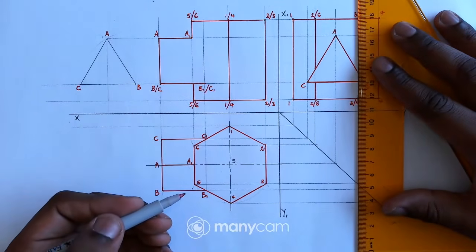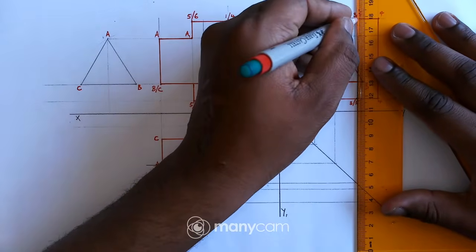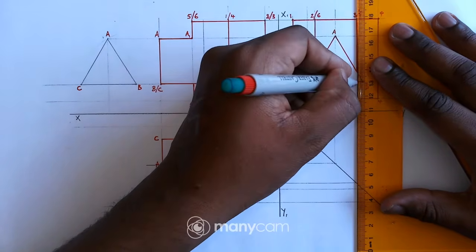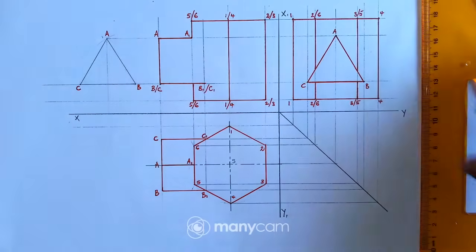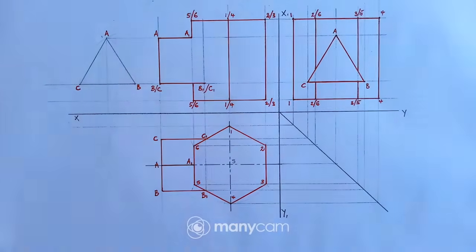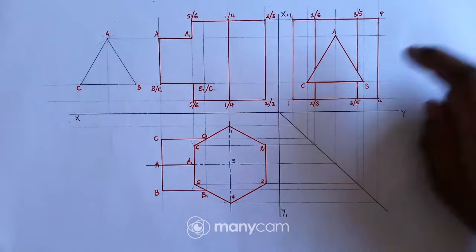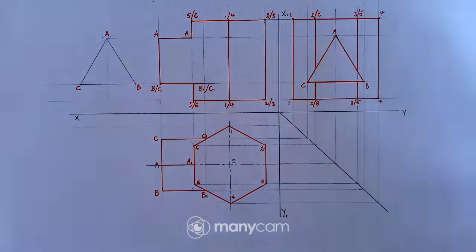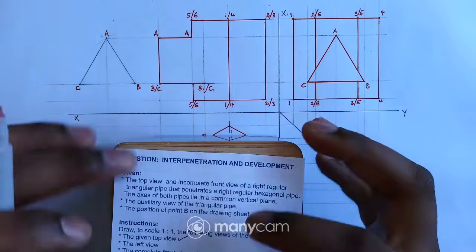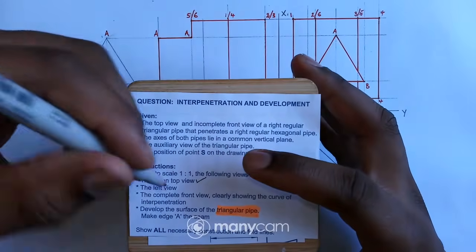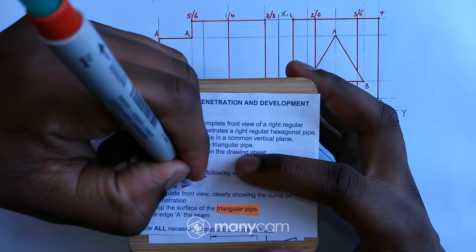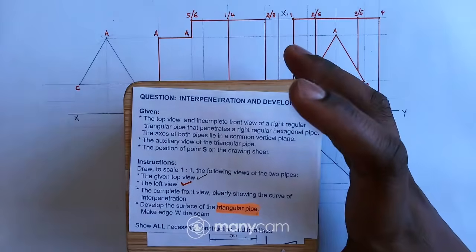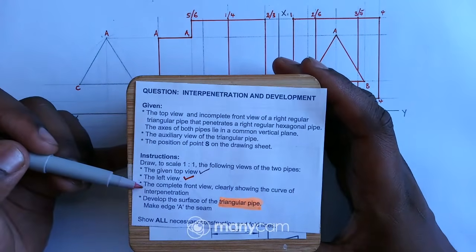And this side as well, do the same thing from there to there, and from here to there. Okay, so this is our left view. This view is complete. So I can just mark this point there. Okay, so now I have to complete the front view.